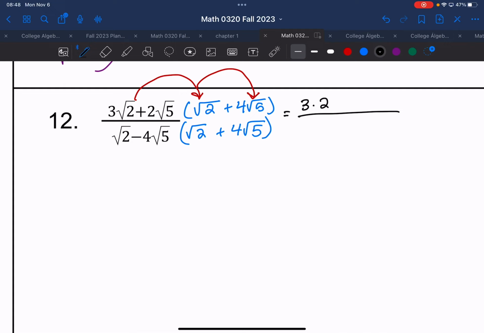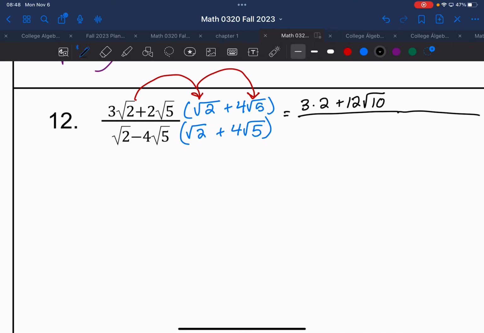What about 3 square roots of 2 times 4 square roots of 5? 12 square roots of 10. Correct. So this is plus 12 square roots of 10, because we multiply the outsides, 3 and 4, and we got 12. Then we multiply the insides, 2 and 5, and got 10.